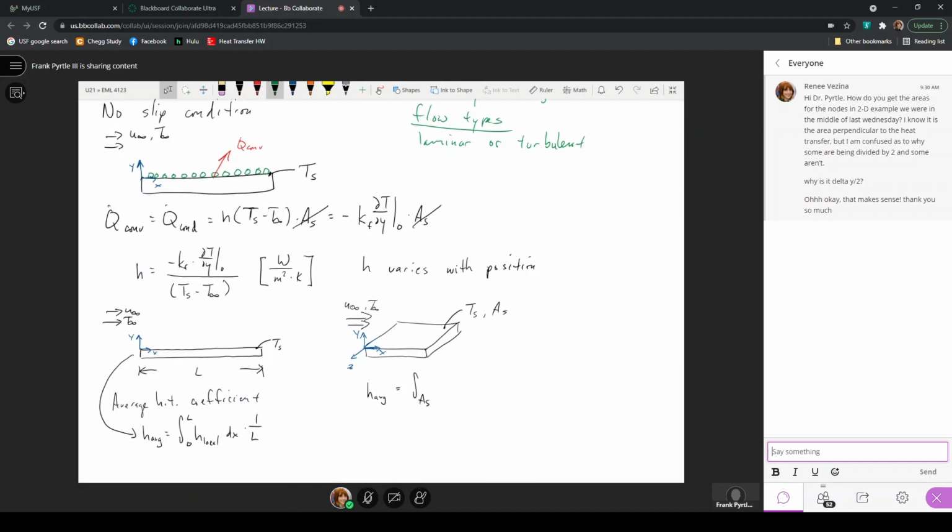So let's see here, if I write this, this is 0 to L in the x direction, and here in the minus z direction.